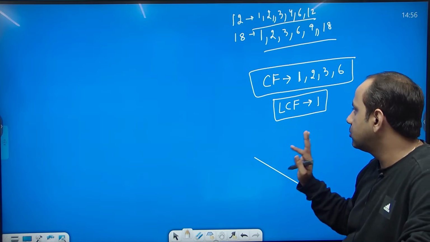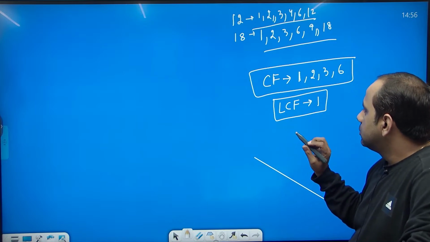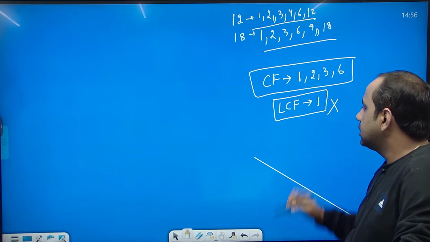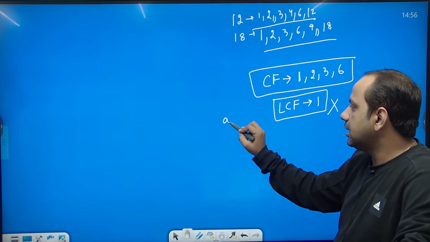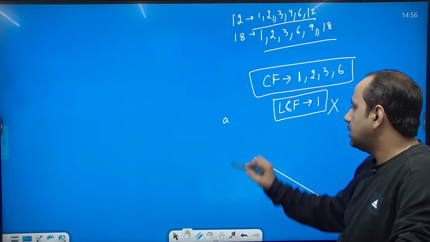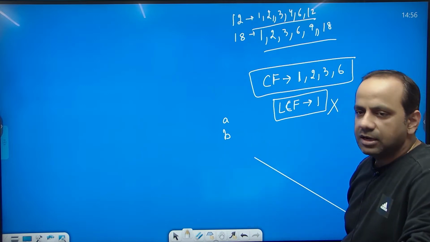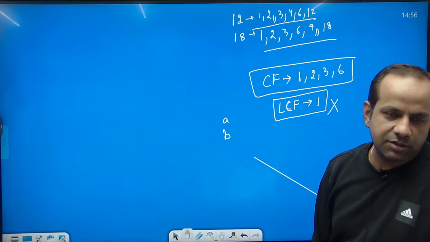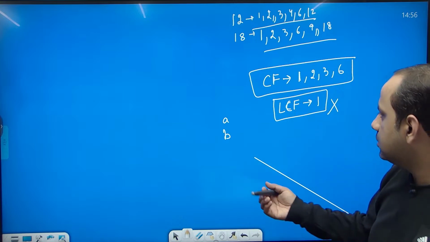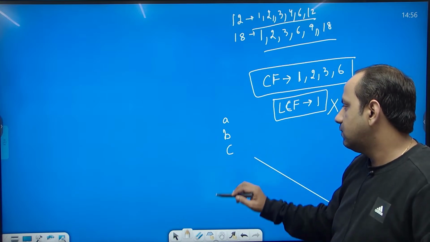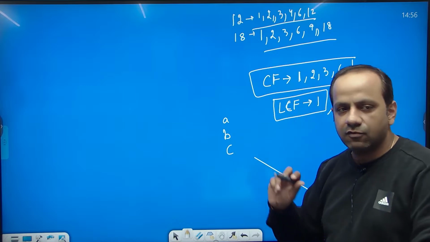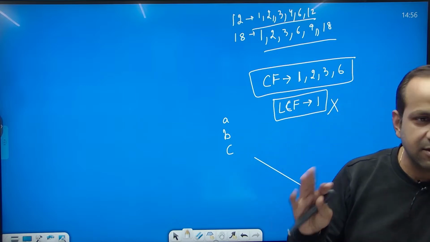This is for sure. If I say 2 numbers are A and B, I don't know what the numbers are, but I need to write down LCF. So LCF will be 1 only. LCF of A, B, C, all the alphabets up to Z, it will be 1.